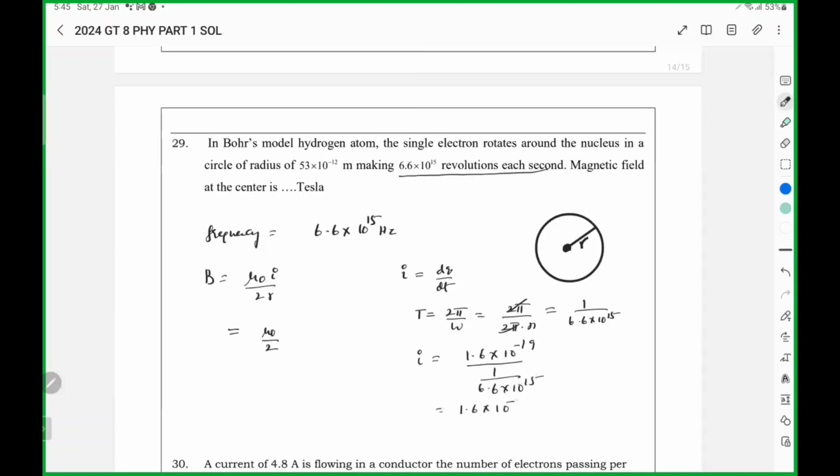So I is 1.6 into 10 power minus 19 times 6.6 into 10 power 15.